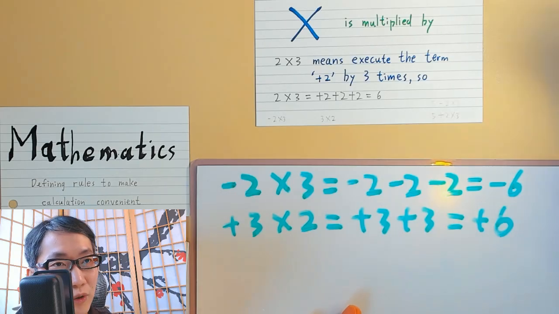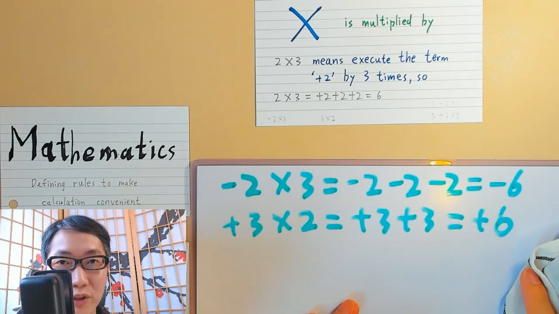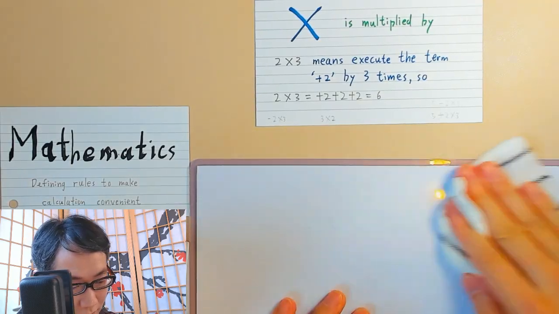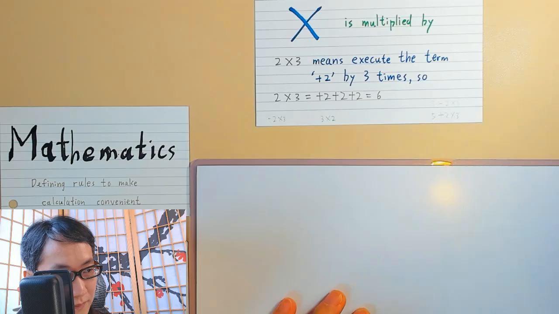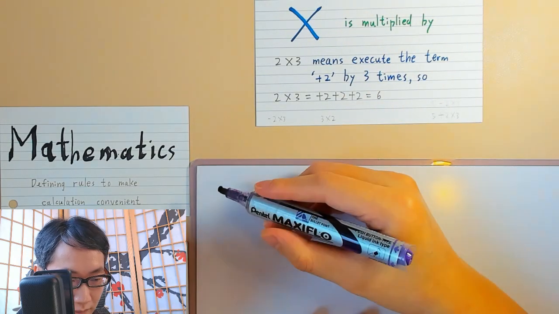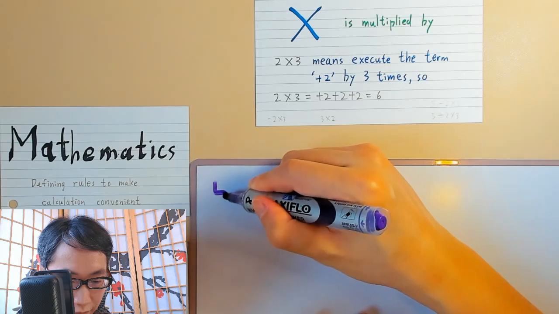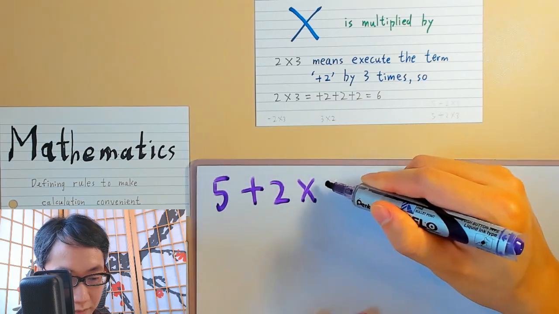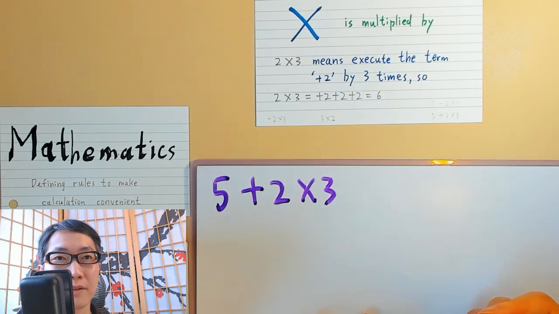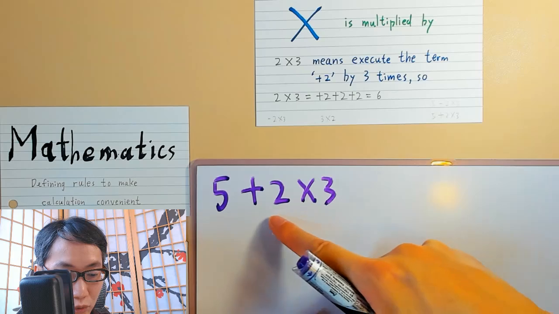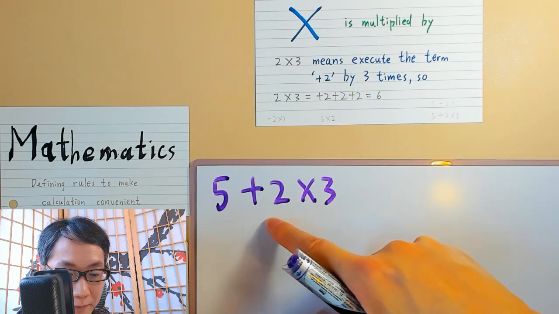So what if we do multiplication together with addition and subtraction? Let's say we have 5 plus 2 times 3. So this times 3 means we have to do this term 3 times, right?